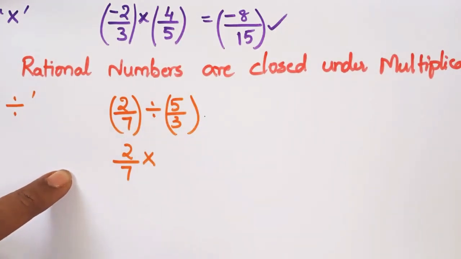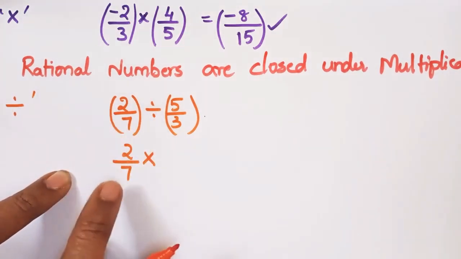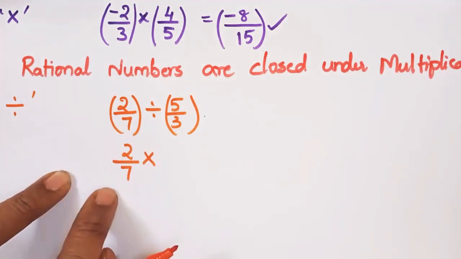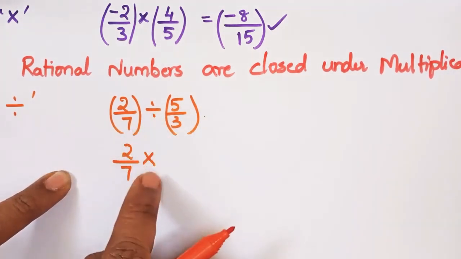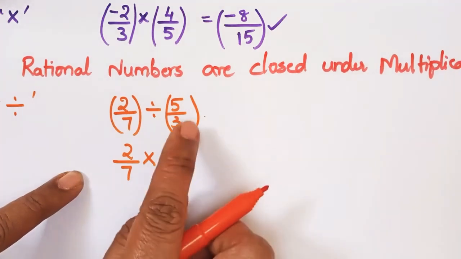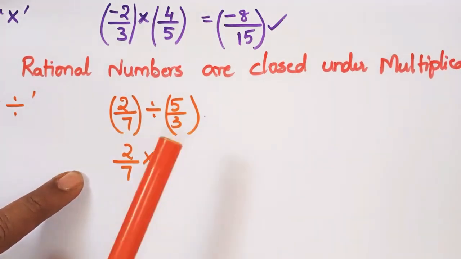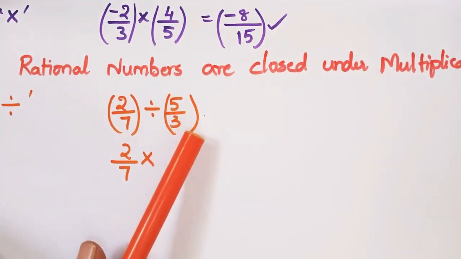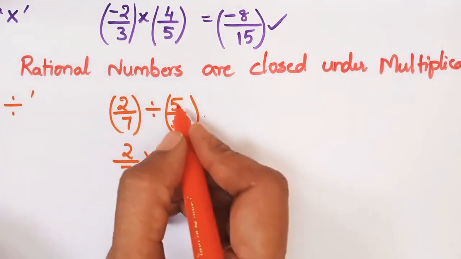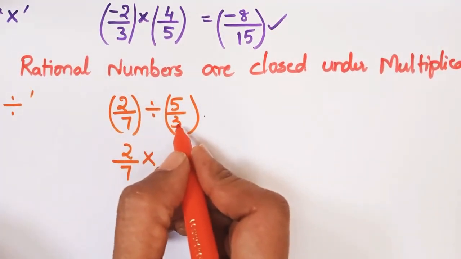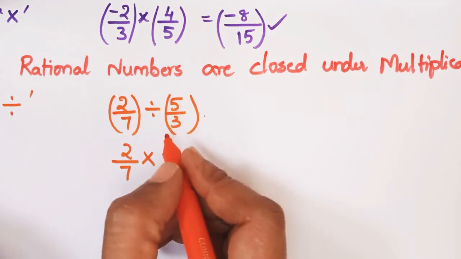Whenever you are dividing two fractions, you know this method. The same is implemented even here for rational numbers. So the first rational number will remain the same. This operator will be changed into multiplication, and for the second rational number we are going to take its reciprocal. 5 by 3 is the given rational number. Then what is the reciprocal of it?